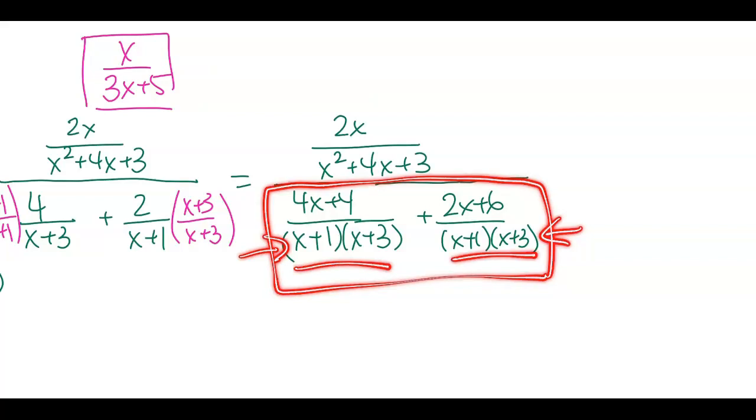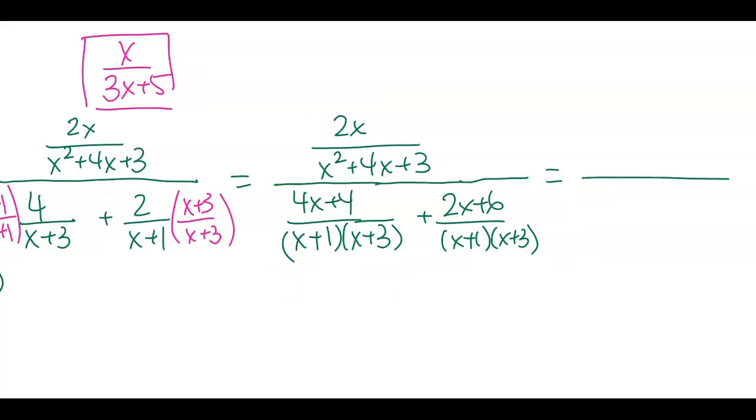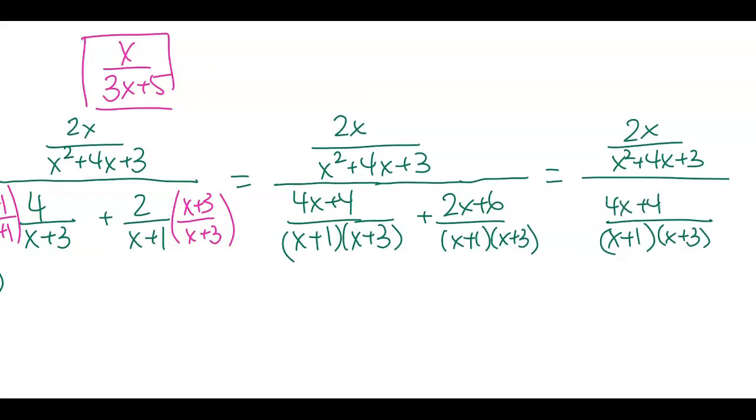These 2 match, so I can rewrite it as one big fraction. So I'm going to keep the 2x over x squared plus 4x plus 3. And the denominator will have x plus 1, x plus 3, and I'm going to put all of the stuff for my numerators. 4x plus 4 plus that 2x, so we're going to add that 2x, plus 6.